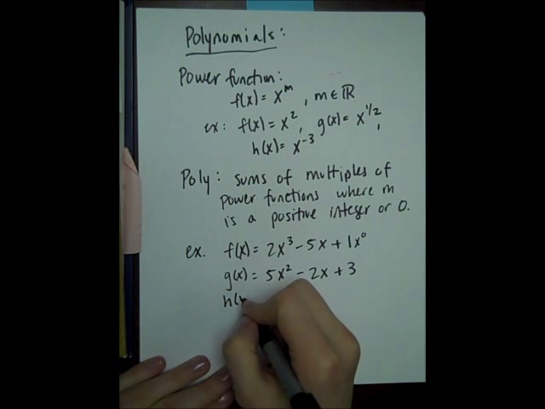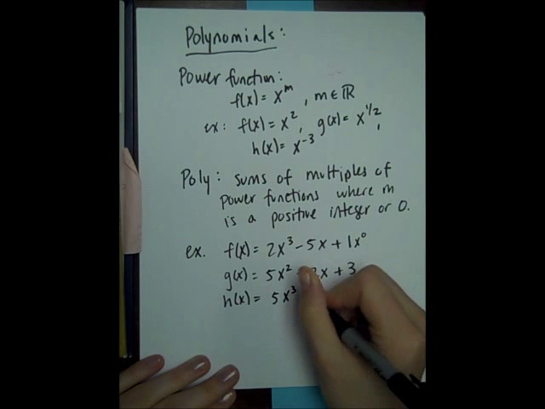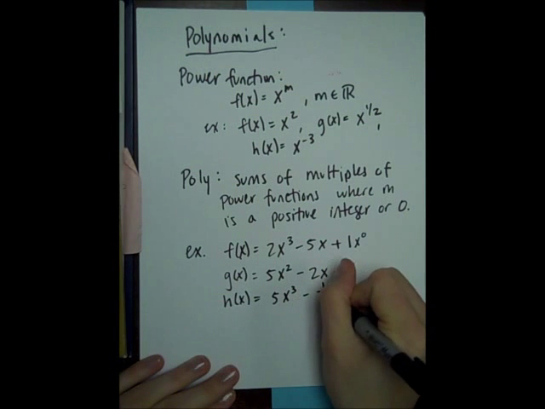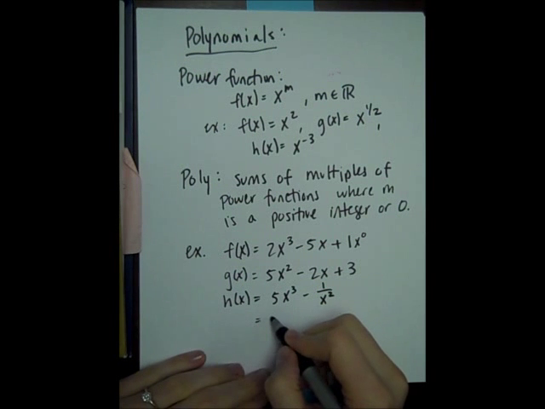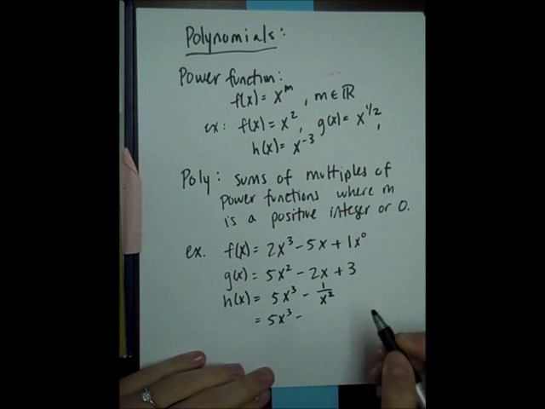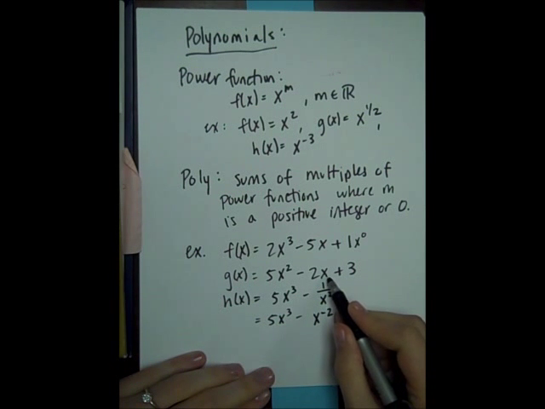Now something like, let's say 5x to the 3rd minus 1 over x squared. Now is this a polynomial? Well, the first term, the 5x cubed, that's fine. That's a multiple of a power function. But the second one, even though my power is positive, if I were to write this as just x to a power, remember when you move the exponent to the top, you make it negative.